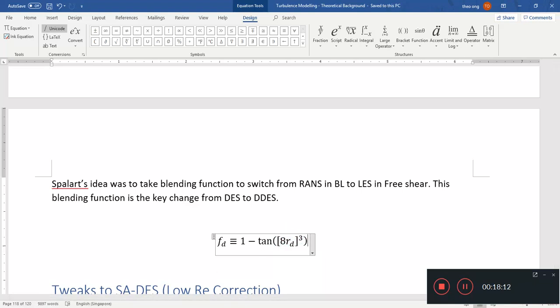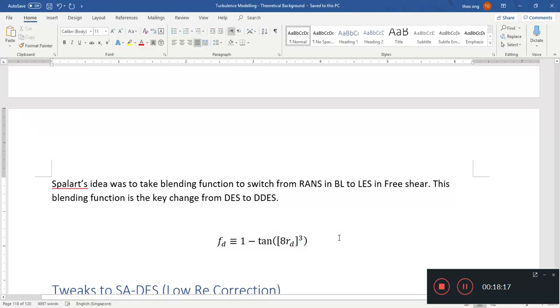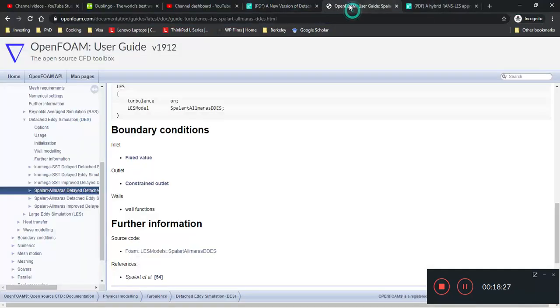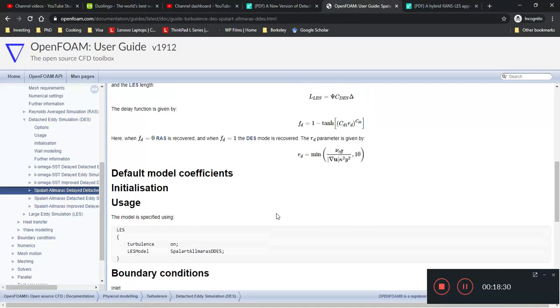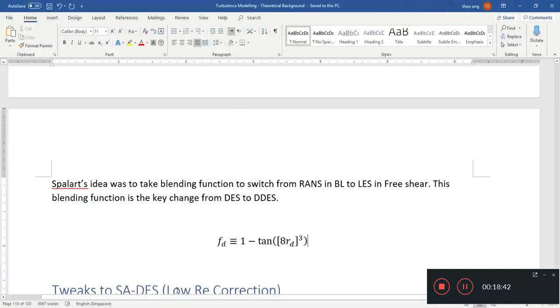If you take a look at the original paper, the link will be in the description, or rather take a look at OpenFOAM's documentation on the Spalart Allmaras DDES model, they put CD1 and CD2 here. These are constants you can calibrate, but in the original paper these values are 8 and 3. It's as simple as that.